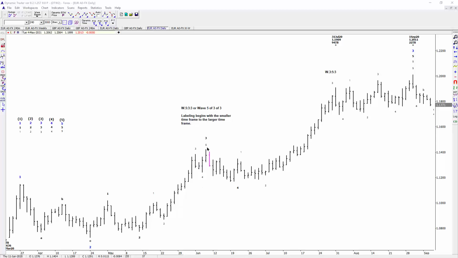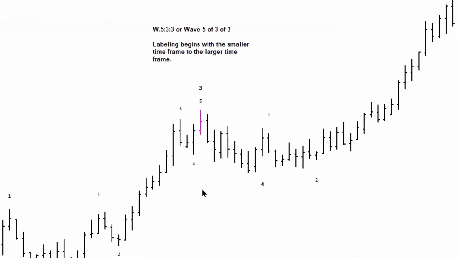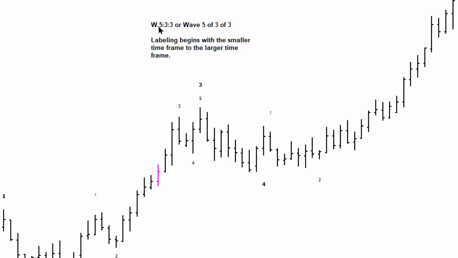So this is a 5 of the wave 3 of the wave 3. So it's the 5 of 3 of 3. We began the 3 back here where the 2 is. So it begins with the smallest to the larger. Another way to write it is wave 5 of 3 of 3, but this is the typical convention you'll see.